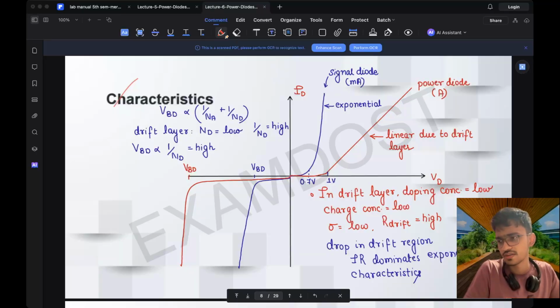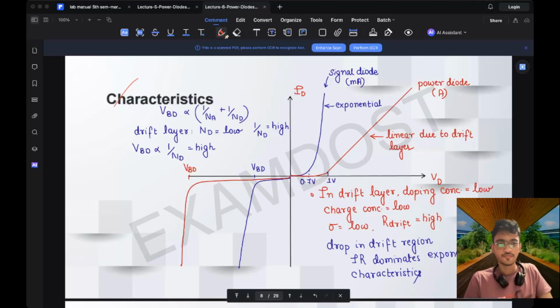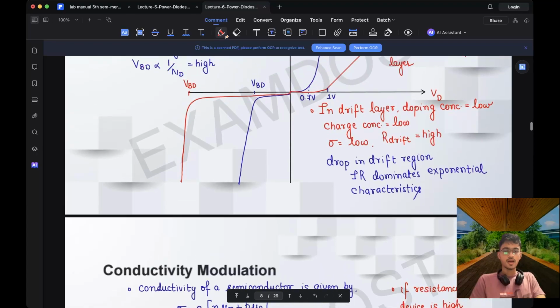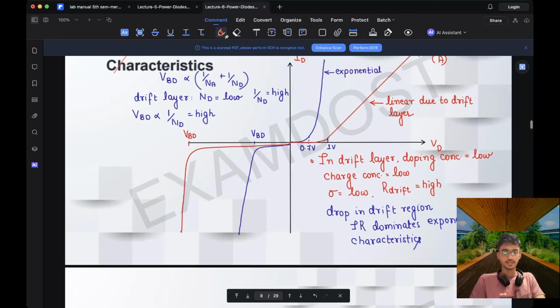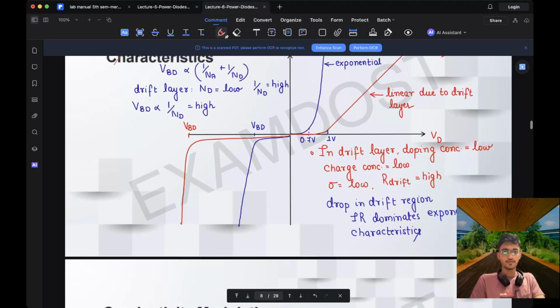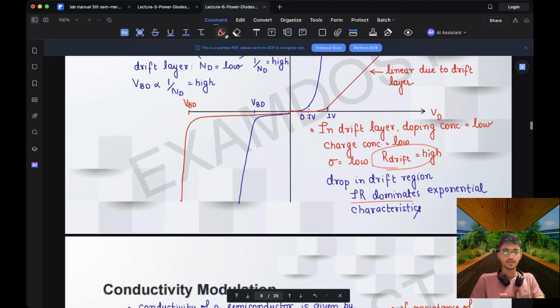So the drift resistance is high, the drop in the drift region, IR dominates. Exponential characteristics, like the loss drop due to high resistance in the drift region, IR dominates, exponential characteristics.